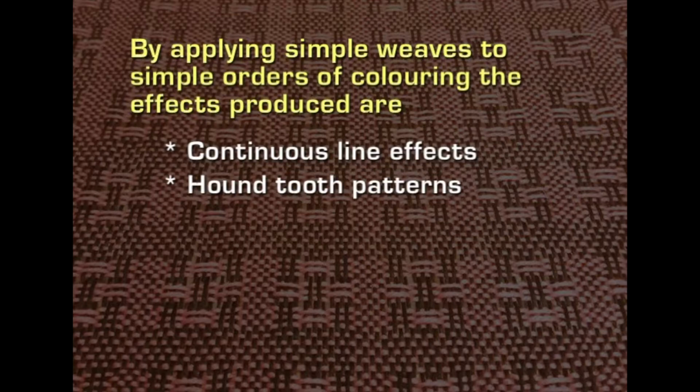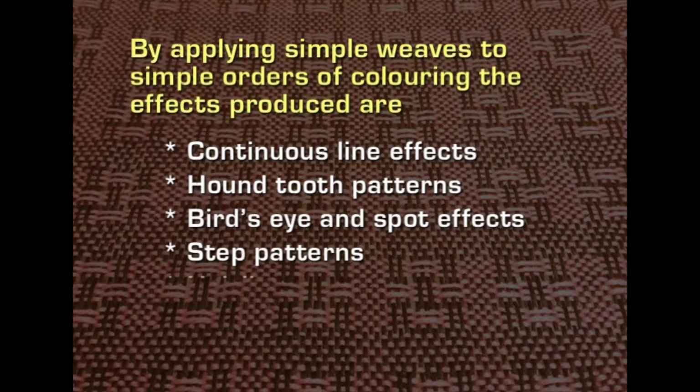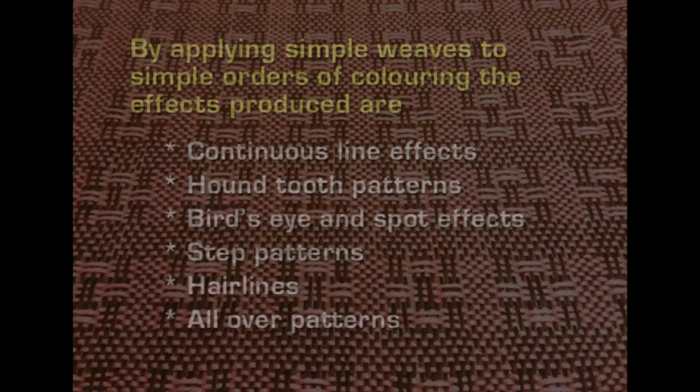By applying simple weave to simple orders of coloring, the effects produced are continuous line effects, hound's tooth patterns, bird's eye and spot effects, step patterns, and hairlines and all-over patterns.